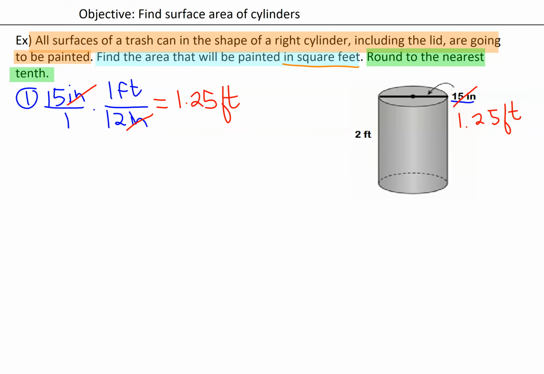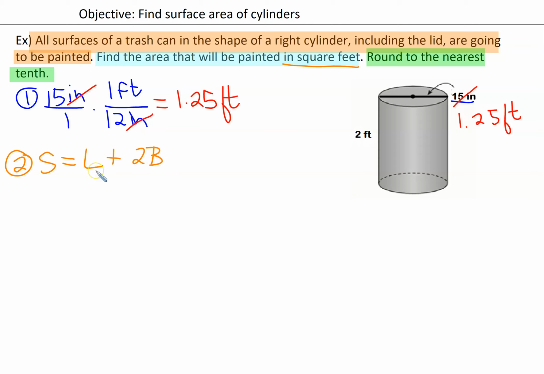All right. So now, next, we're going to look at the formula, if we're going to do it using a formula. So again, for this problem, I'll do it using a formula, and then also using the net idea, where we kind of are more visual that way than algebraic. So our surface area S would be our lateral area, our side, plus 2 times our base area, which are the circles.